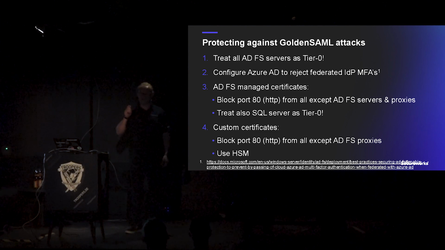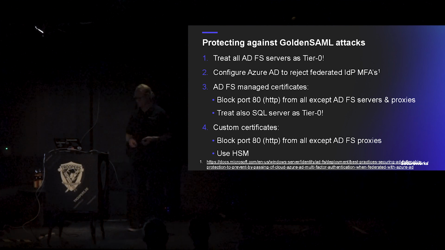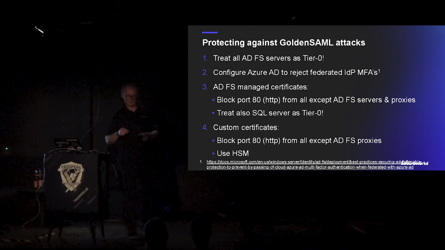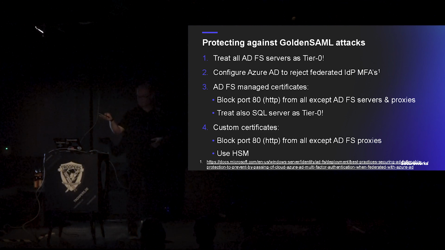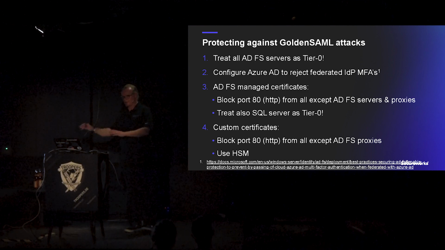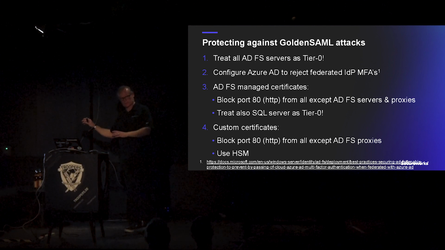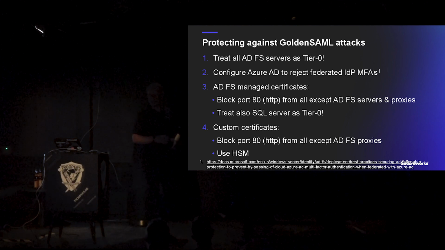And there's a new setting that has been there, I think, at least since February this year, that you can configure Azure AD to reject all IDP MFA claims. So you can say, okay, I don't care if you are providing the MFA claim, I don't like that.